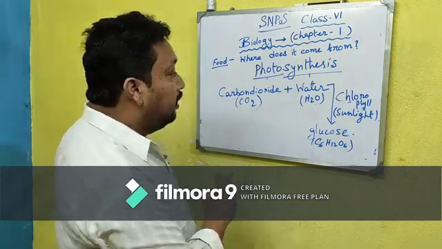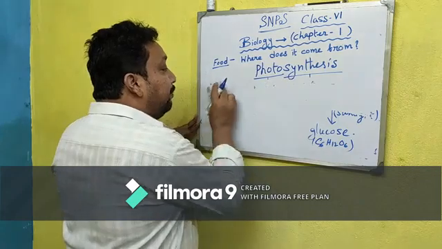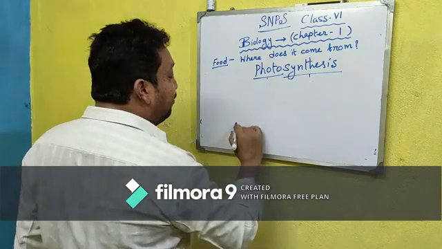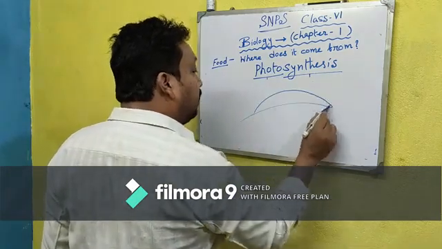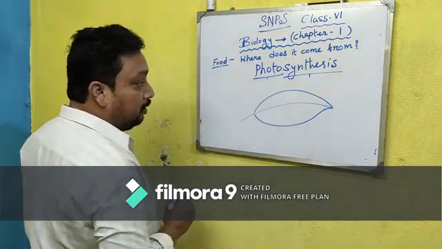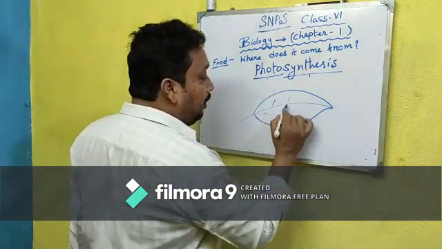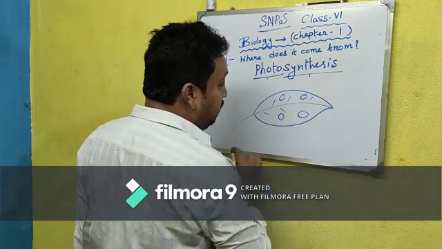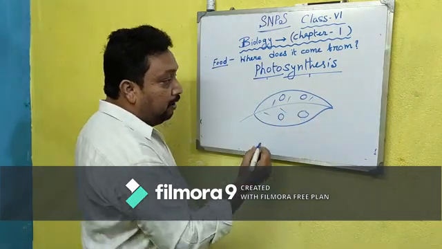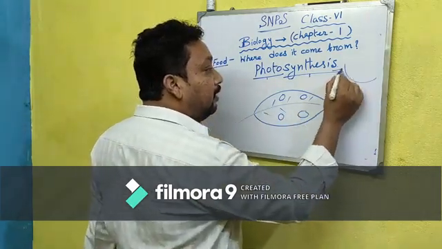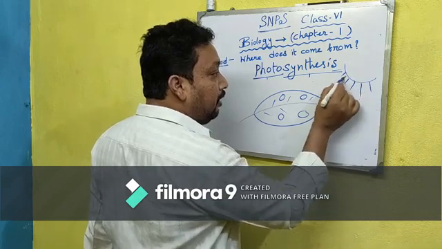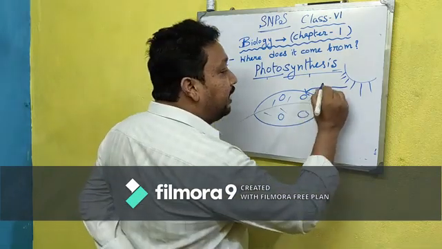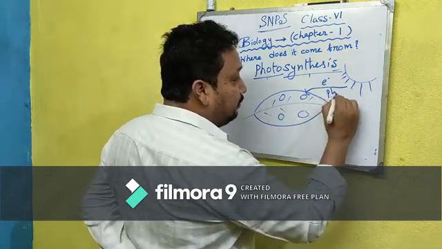How does it occur? In a plant there is a leaf, and here the chlorophylls are present. The sunlight comes to the leaves, containing photon particles.